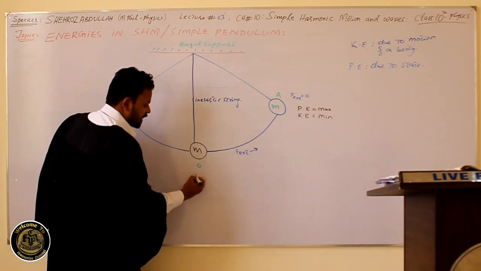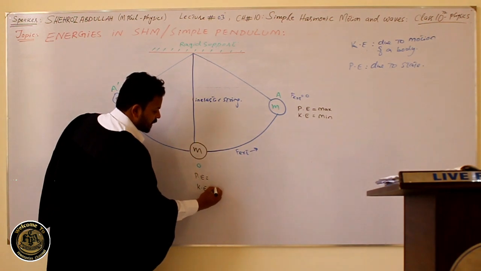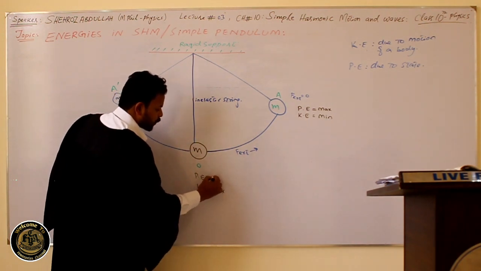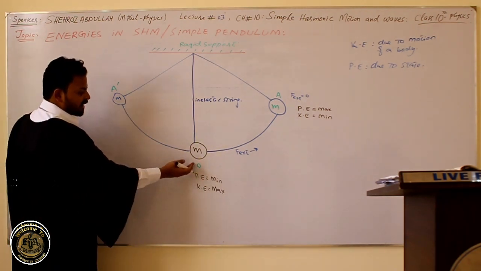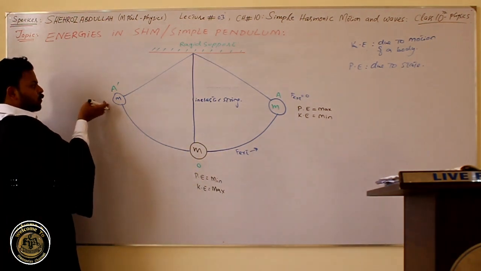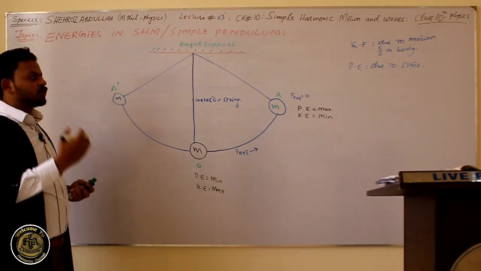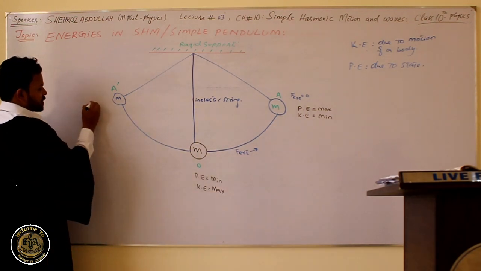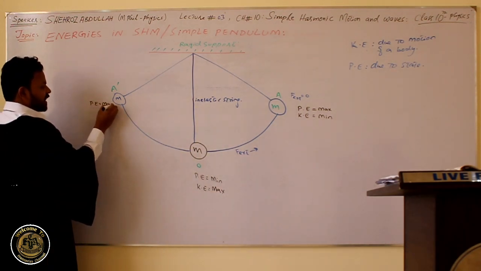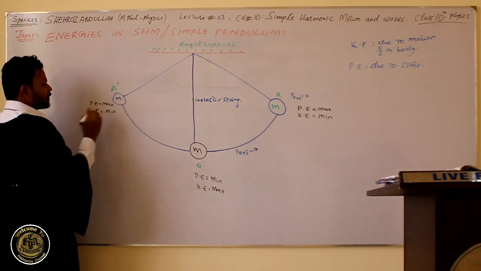So we can say that kinetic energy is maximum and potential energy is minimum. Now the same metallic sphere is moving to point A dash, and when it reaches A dash, it slows down gradually and actually stops. So when it stops, potential energy again becomes maximum, and kinetic energy again becomes minimum.